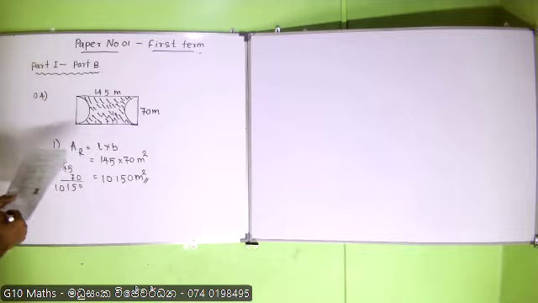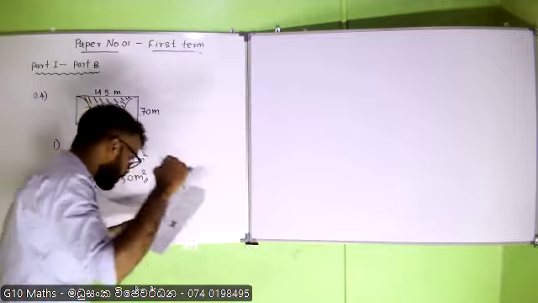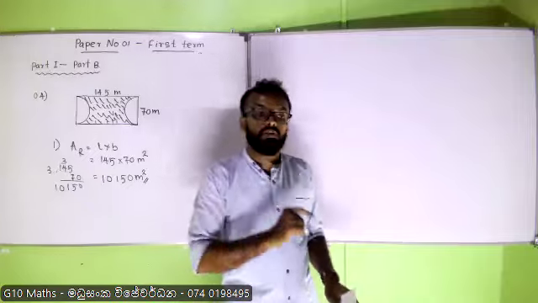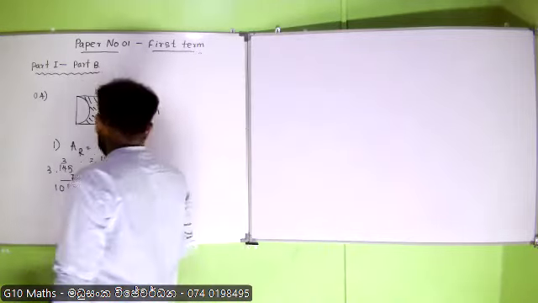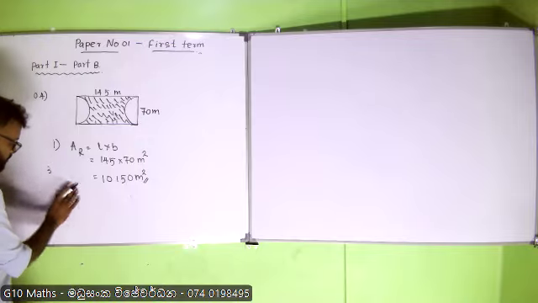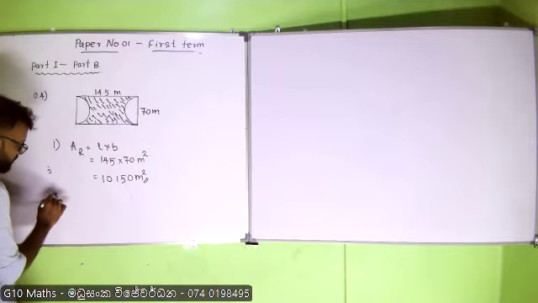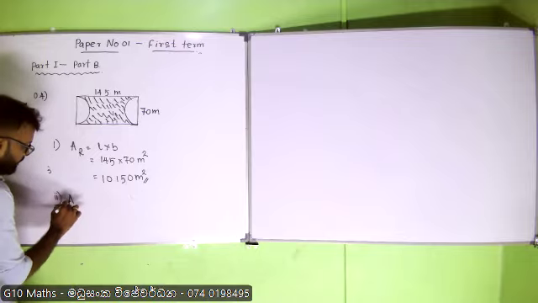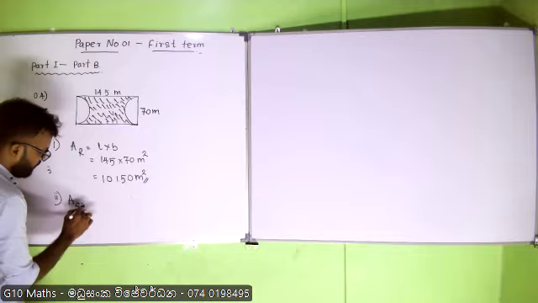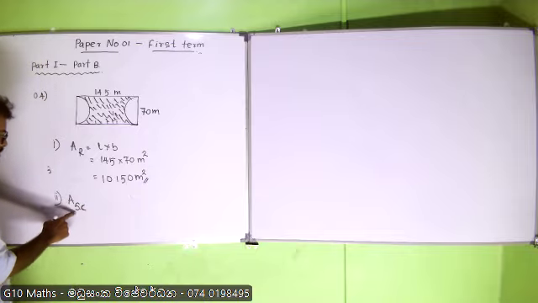Then find the area of one of the semicircular parts, half of the circle. You know how to do that. Second one, area of the semicircular part.